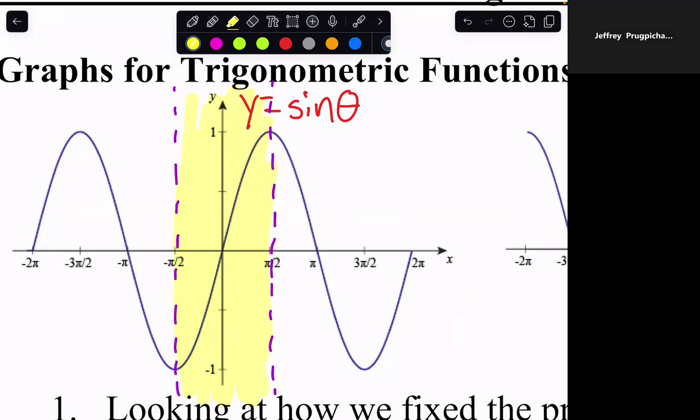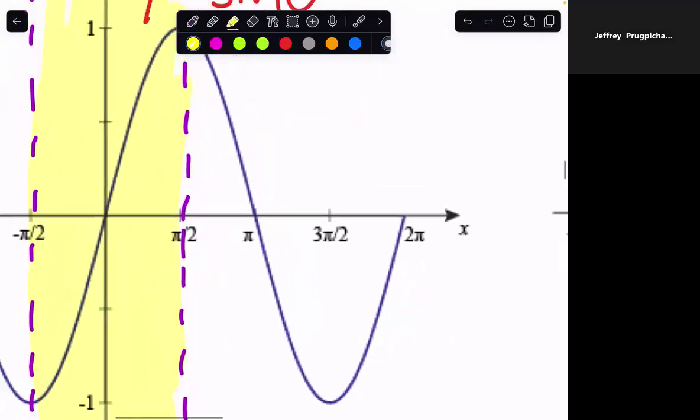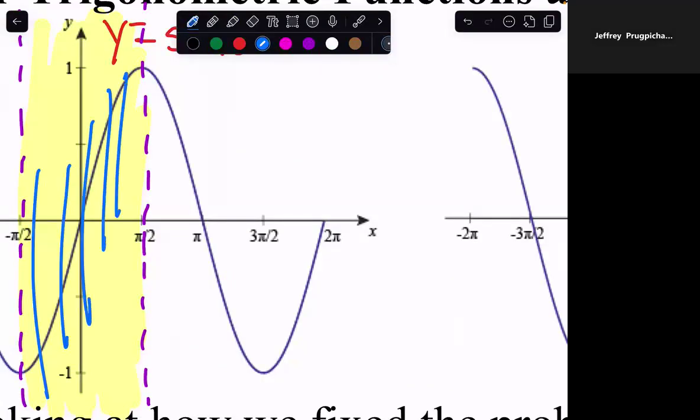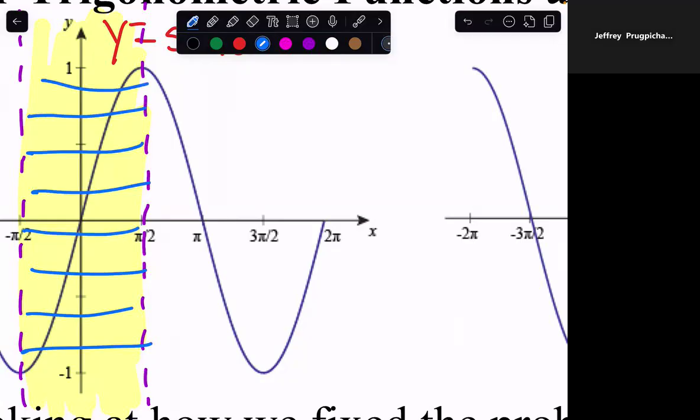Because if you look at this highlighted section, it does pass the vertical line test and the horizontal line test. Again, ignore everything else. It passes the vertical line test still, but now it also passes the horizontal line test. Within those boundaries, a horizontal line can only touch it once.